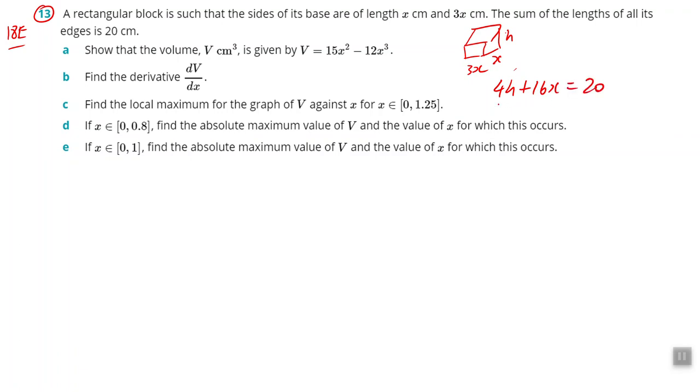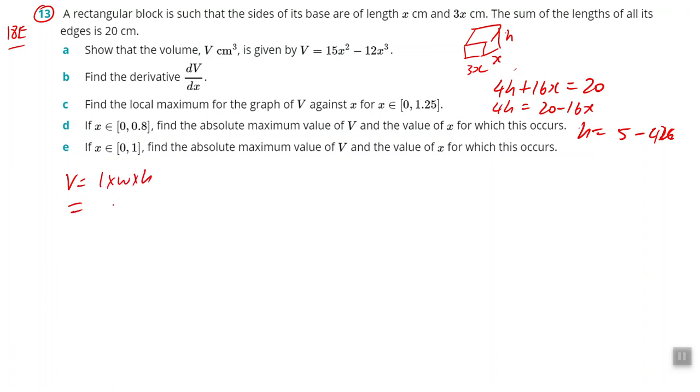So we've got a total of 16x plus 4h equals 20. When I rearrange this, we've got 4h equals 20 minus 16x. So h would equal 20 divided by 4 is 5, minus 16 divided by 4, which is 4x. Then we try to find the volume, which is length times width times height.